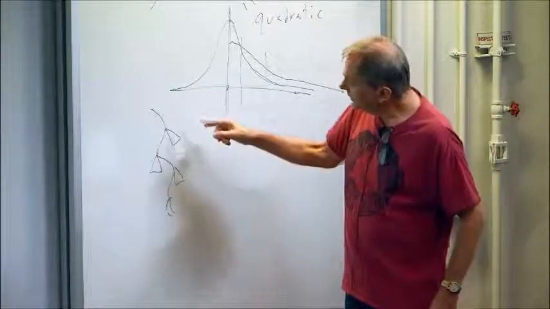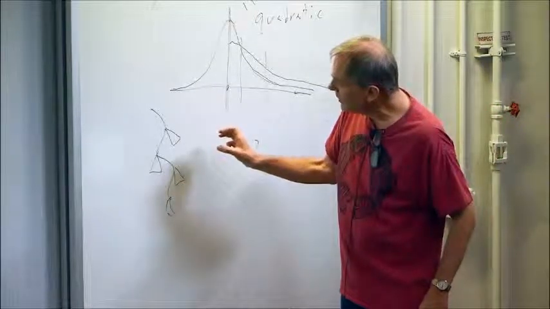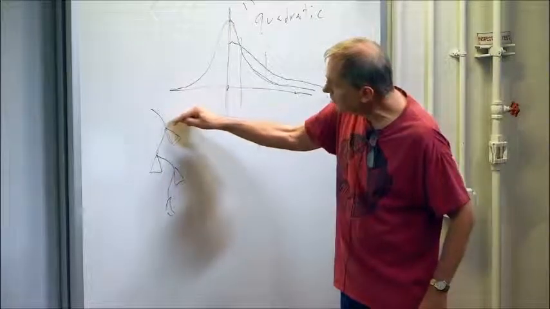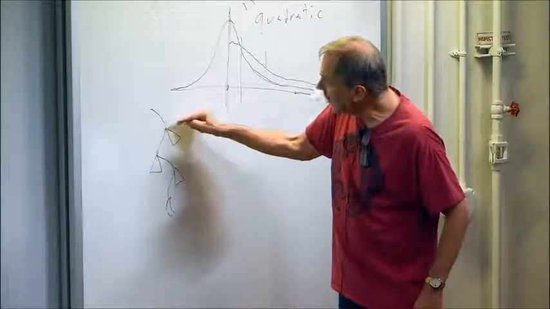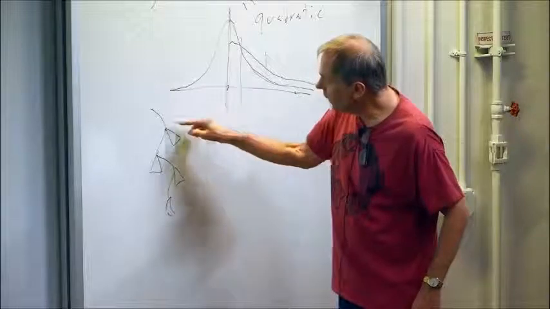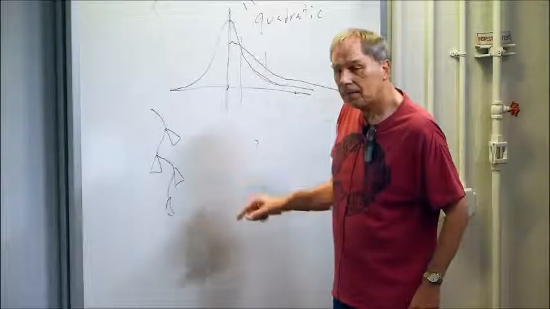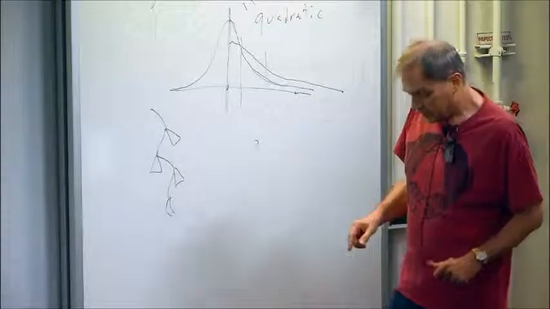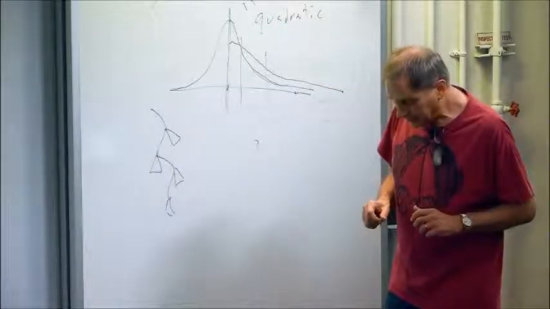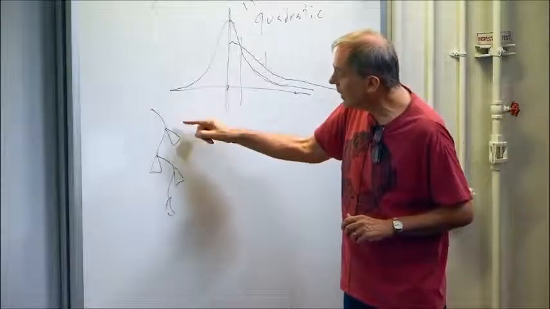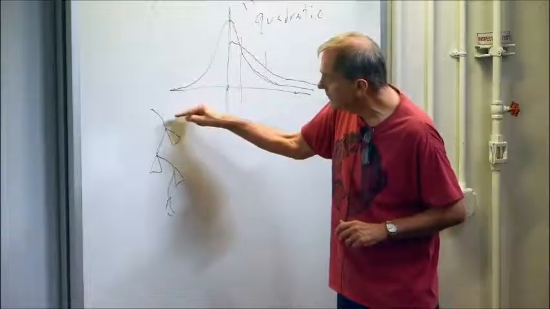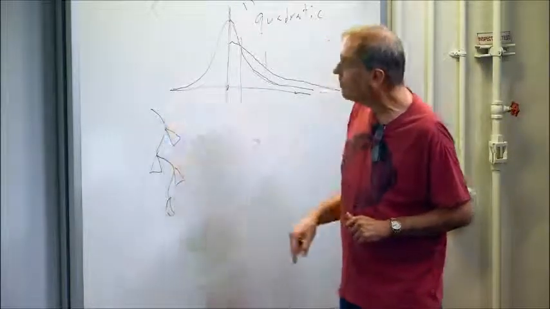So let's sort of switch processes a little bit. The first time I enter the trap, at that point in time, I'll throw the coins that determine what the trap looks like. Then I'll take the random number of steps that I need to enter the trap and come back out again.